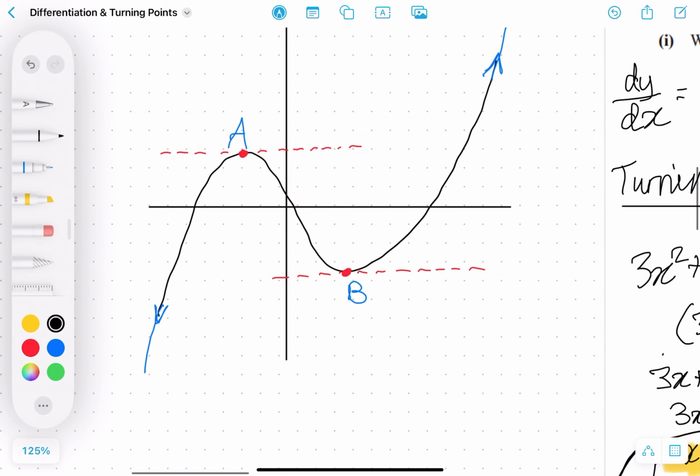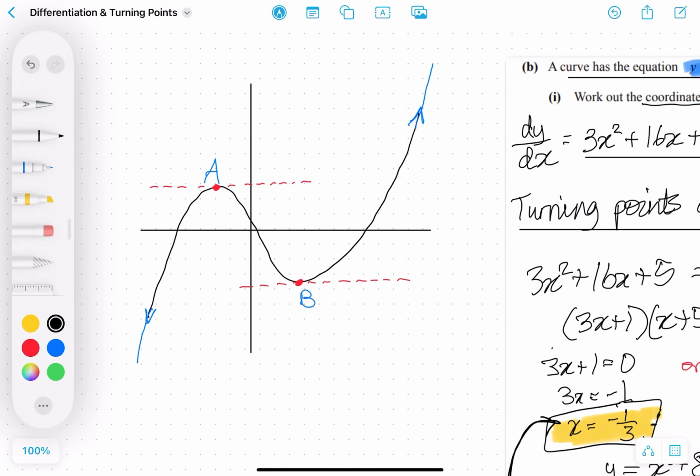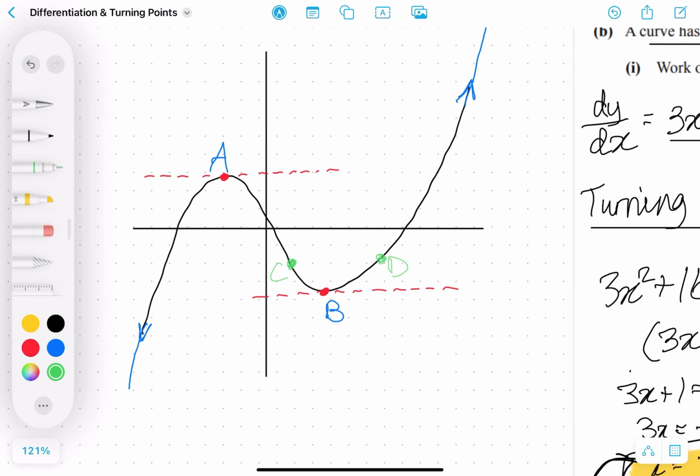To illustrate this, let's say we have point C here and point D over here. As you can see, C has a negative gradient, whereas D has a positive gradient.